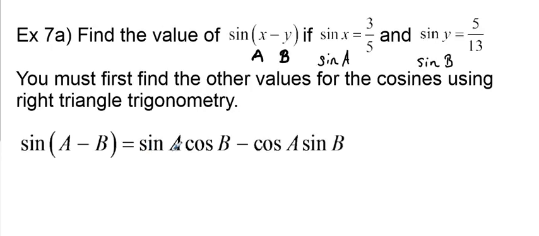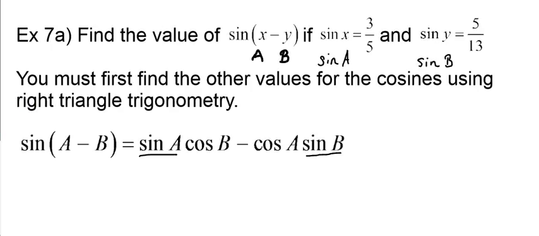We need the sine of A, we need the cosine of B, we need the cosine of A, and we also need the sine of B. So let's underline what we have so far. We already have the sine of A, and we already have the sine of B. The two things that we are missing are the cosine of B and the cosine of A.